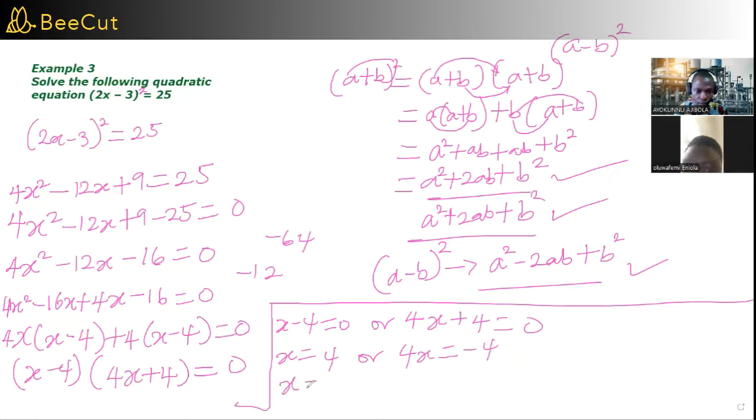So here x equals 4. Please make sure you have it. Then x equals minus 4 over 4. So finally, you can say x equals 4 or minus 1. Where did I get minus 1 from? Minus 4 over 4. That's minus 1.